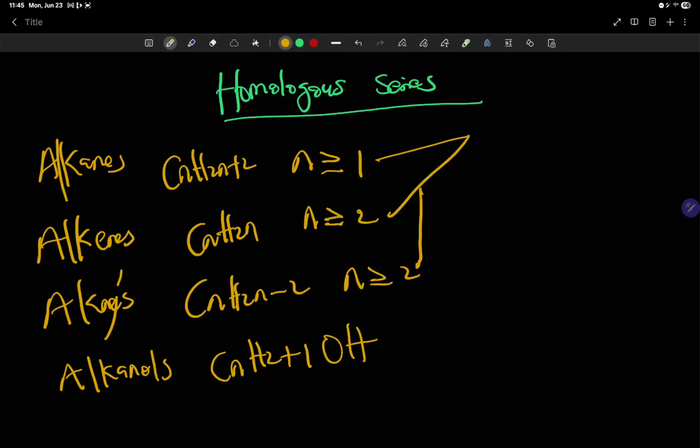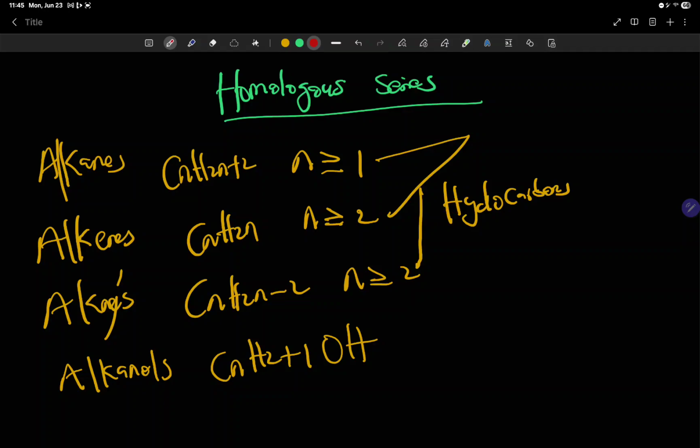Now, these first three are known as hydrocarbons. Why are they hydrocarbons? Just like the name implies, they are composed of only hydrogen and carbons.